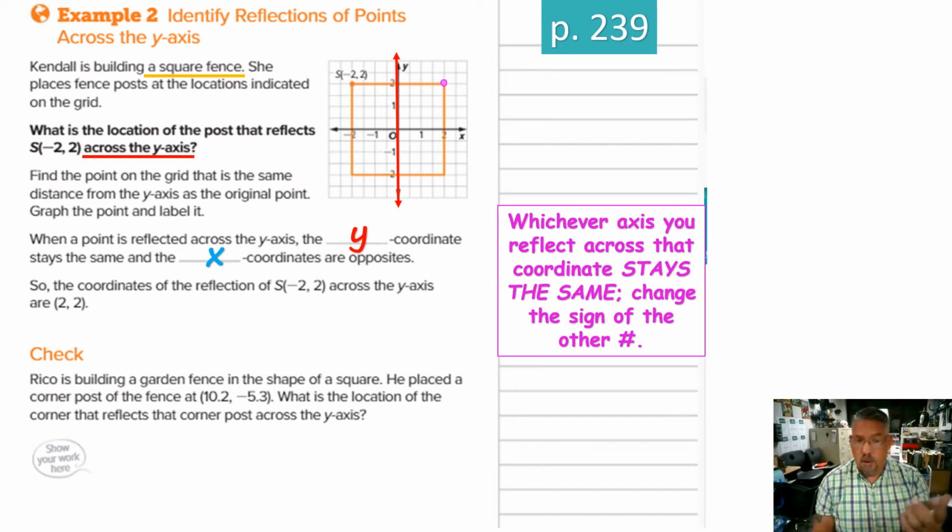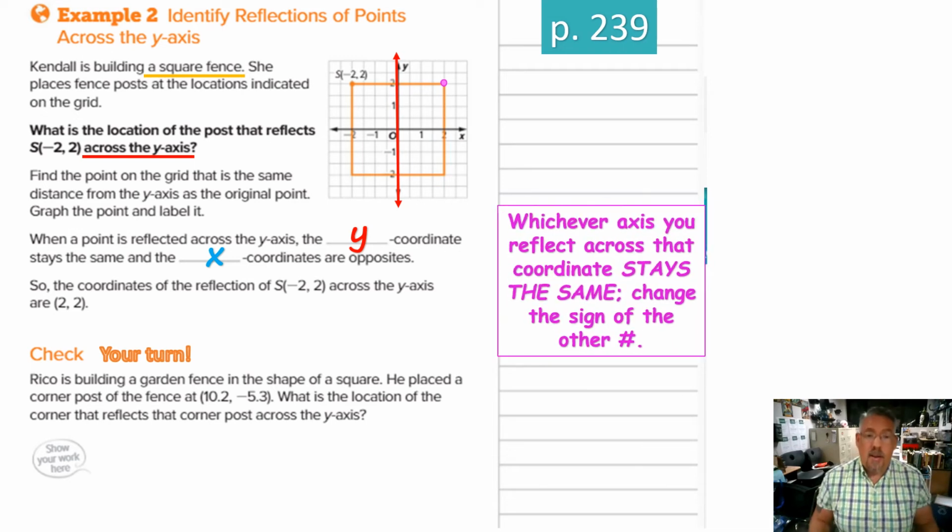So hopefully, if you were confused, you went back and rewatched what I just explained, but it's the exact same process, basically the exact same scenario, right? Just different numbers. So we're told that we have a post at 10.2 and -5.3. We're going to go across the y-axis. And if I'm going across the y-axis, then I have to keep the coordinates of the y.